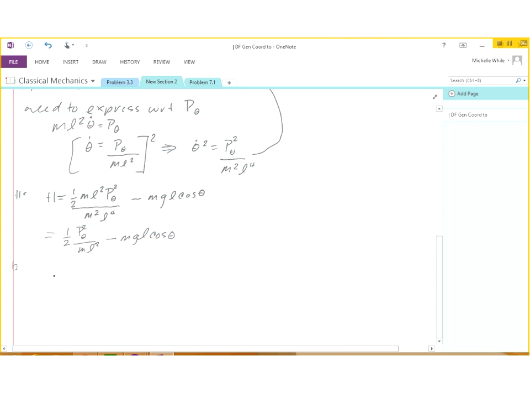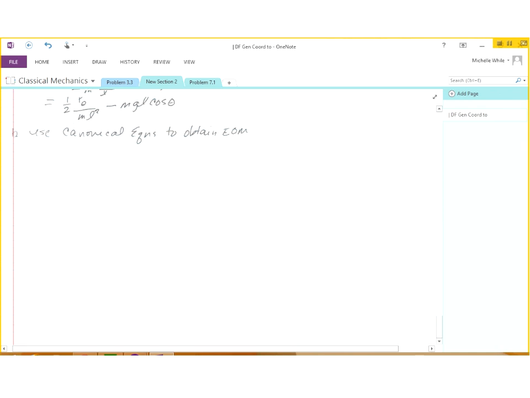Part B says use the canonical equations to obtain the equations of motion. So the first canonical equation is with the theta dot.